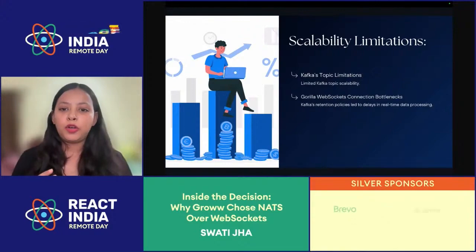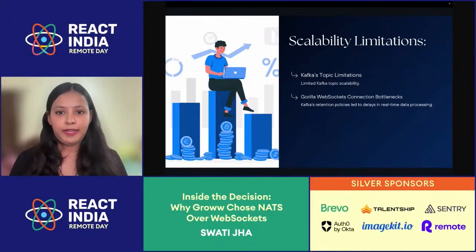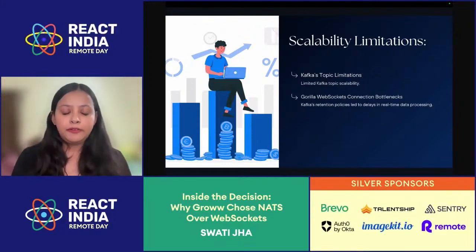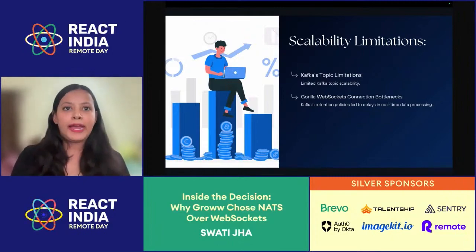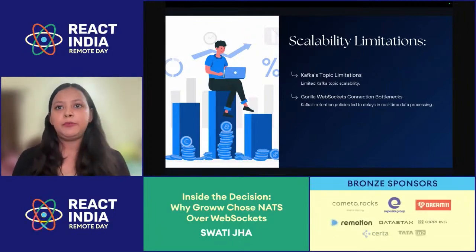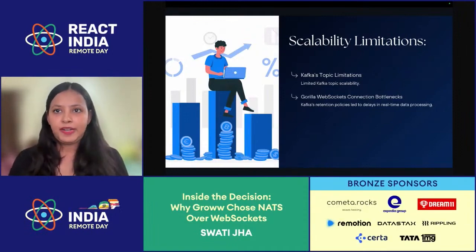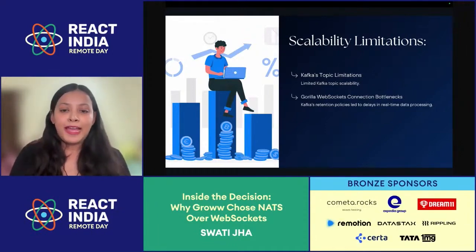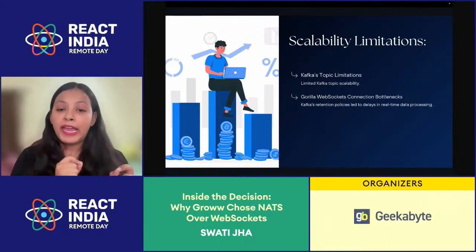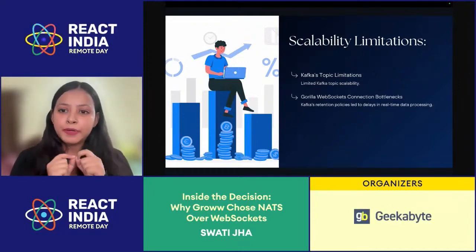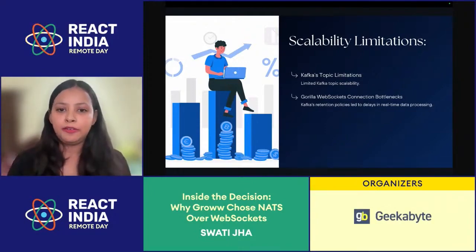The second issue was the Gorilla WebSocket connection bottleneck. Gorilla WebSocket establishes a persistent connection between client and server, enabling real-time live prices, right? But as the number of users in Groww grew, think of the scale, there are millions of active users maintaining a persistent connection between client and server.